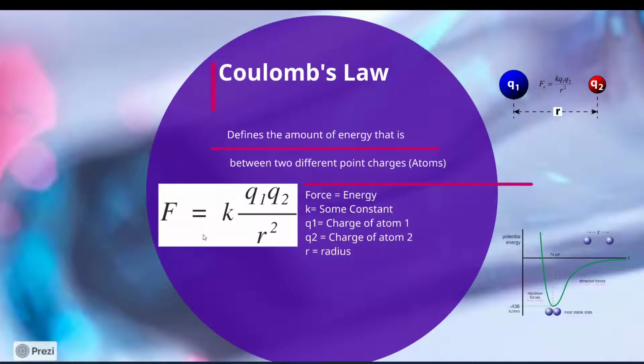The second thing is that as the radius gets smaller and smaller between these two atoms, the total amount of energy within that bond also increases, because we divide by r squared. So radius is a really big driver for how strong a bond is going to be.